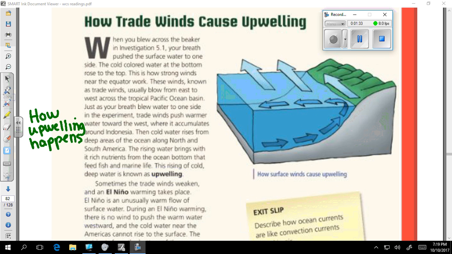Next, I need you to write the words how upwelling happens. And I need you to underline this part that says, trade winds push warmer water towards the west. And so if you notice these arrows right here, they represent the wind blowing.